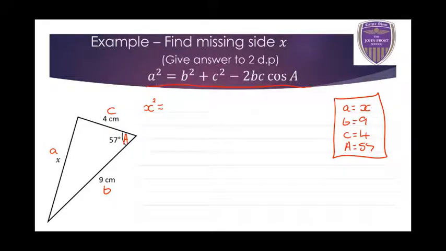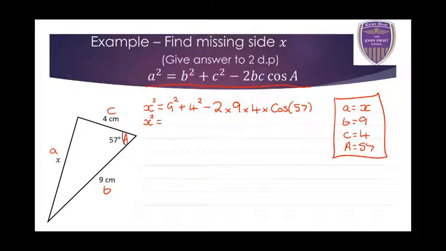So A squared will be X squared because A was X. B squared will be 9 squared plus C squared. C is 4, so that's 4 squared. Take away 2 times B, which was 9, C is 4, and it's cos, and the angle was 57. Okay, and then we can just work this out step by step.